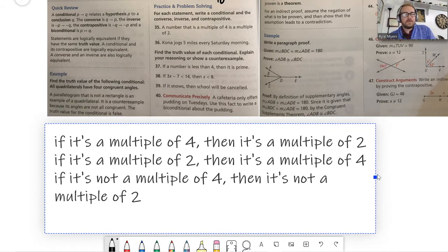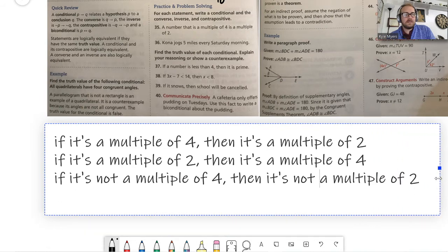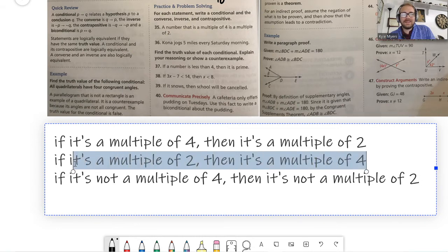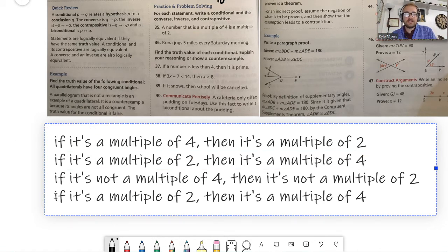Okay, so let's make that a little bit longer so it's only one line. And then let's do this. So this statement right here that I just highlighted, that is the converse. Right? We flipped it around. Remember that? So if you do the converse and the inverse, you get the contrapositive.